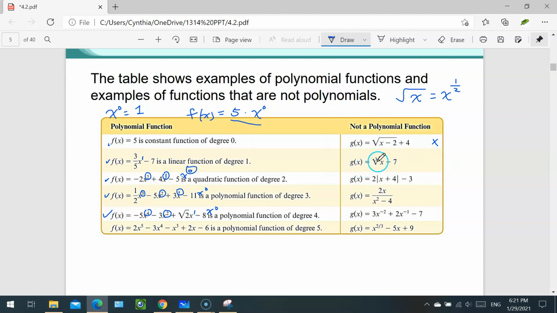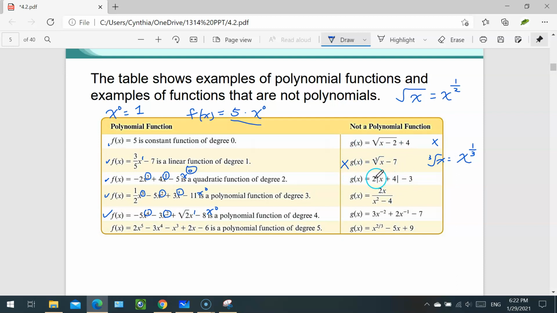Same here. This one has a cubic root of x, which in the same representation is x to the power 1/3. So 1/3 is not an integer, it's a fraction. So g of x is not a polynomial function.